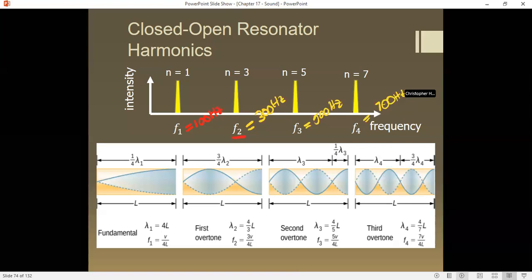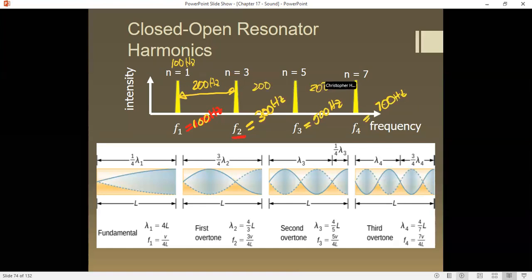So our fundamental here is 100 hertz. That's where this whole pattern starts. However, the distance between these harmonics is actually 200 hertz. From 3 to 5 is 200. From 5 to 7 is 200.